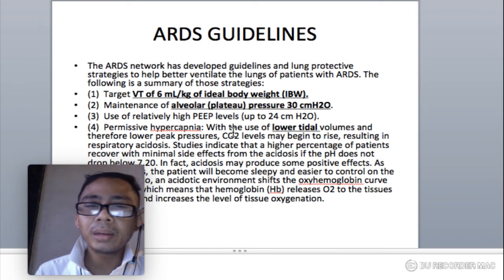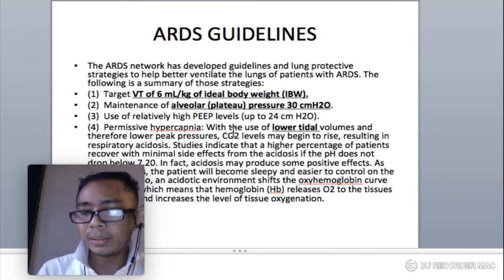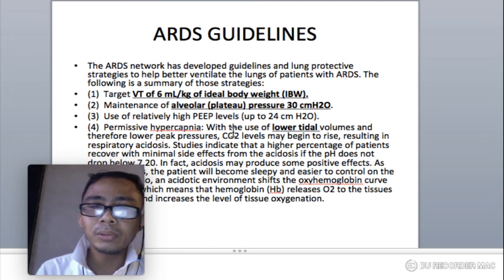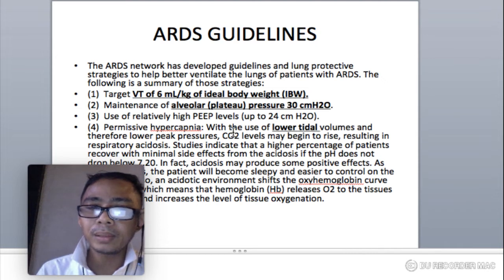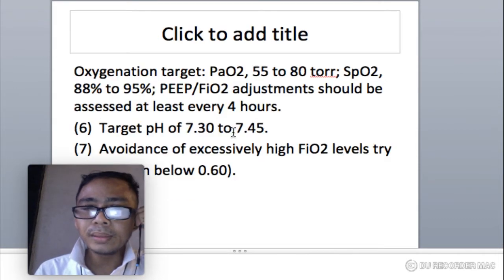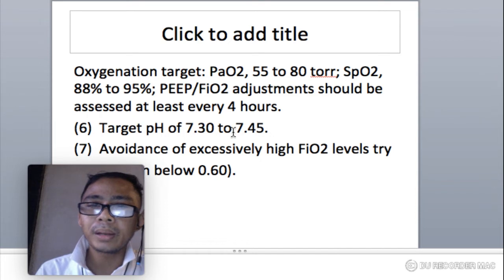You are promoting more carbon dioxide because the main stimulus for initiation of breath, from your pneumotaxic and apneustic center, is the brain sensing the PCO2 level in order to initiate breathing. So the main stimulus that the brain senses is the PCO2 level. That's why we're promoting permissive hypercapnia.